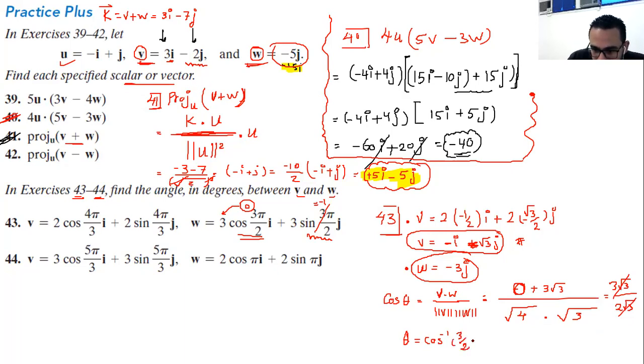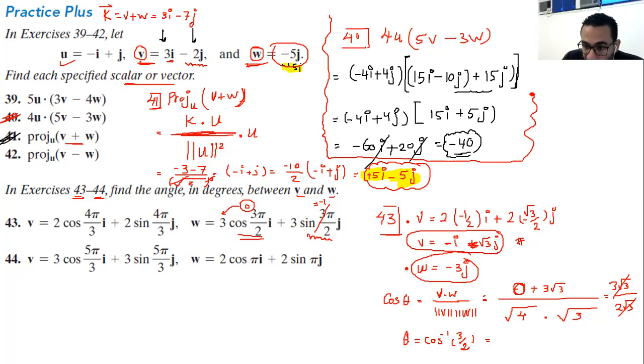Cosine inverse of 3 over 2, which is 1.5, gives an error in the calculator, because it's more than 1 and exceeds the domain.